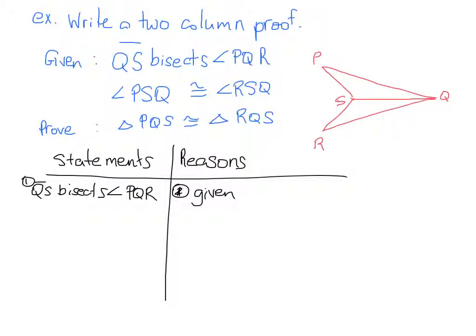That's because of the definition of an angle bisector. So we can write that down as a statement. Angle PQS is congruent to angle RQS. And again, the reason for this is because we have an angle bisector. So the definition of an angle bisector allows us to do that.